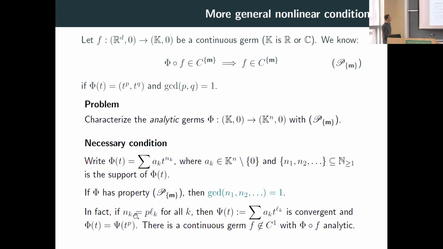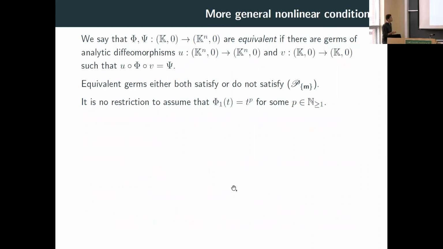But of course, I can easily find a continuous germ f, which is not even C1, whose composition with this is analytic. Take just the pth root of t, for instance. So this is a necessary condition, and it turns out that it's also sufficient.